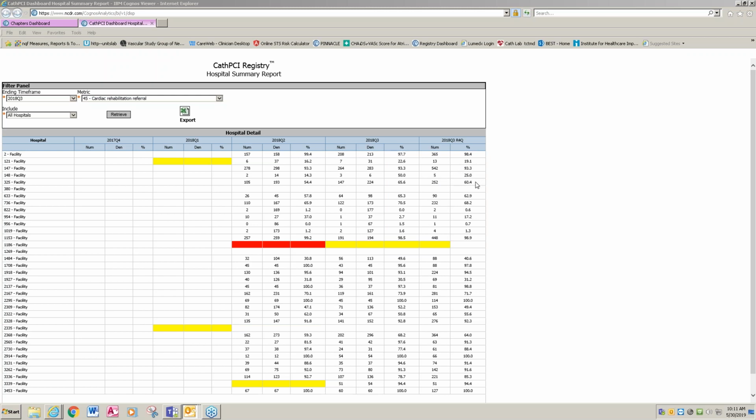We have a few hospitals that really have a problem with this metric.